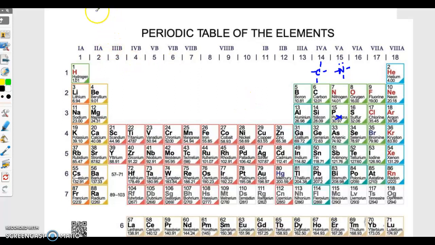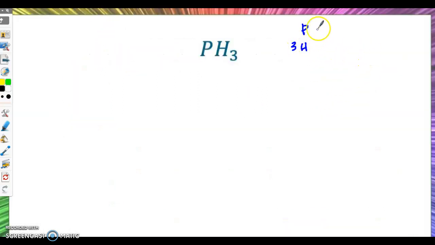So let's see if that is helpful to us in thinking about what the structure is for. This is actually phosphine, but we can call it phosphorus trihydride. That's how I taught you to name it. But its nickname, I guess, is phosphine.